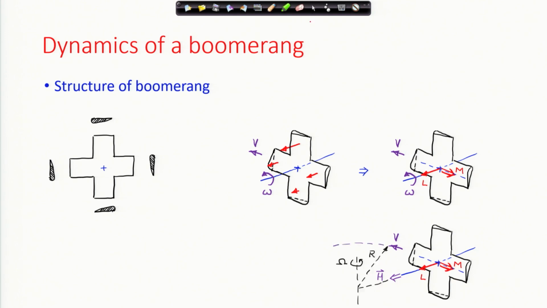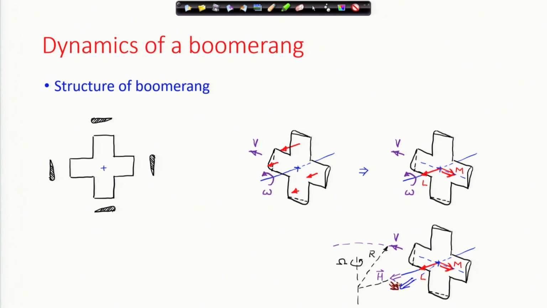Now, we look at the effect of this moment, because of the difference in lifts in the 4 arms. The angular momentum must change in the direction of the applied moment. Therefore, after some time this angular momentum must point in a direction like this, because the moment is acting in this direction.